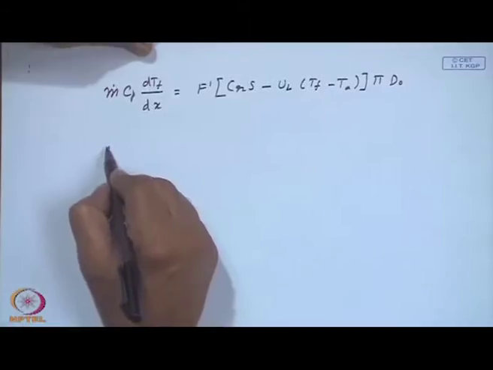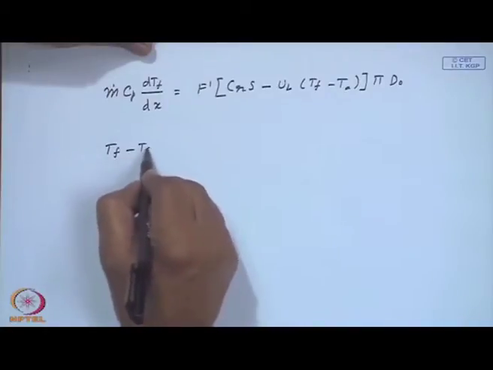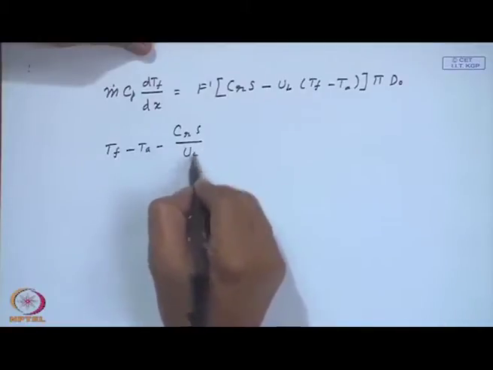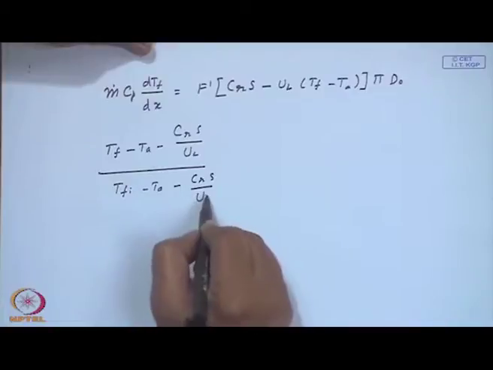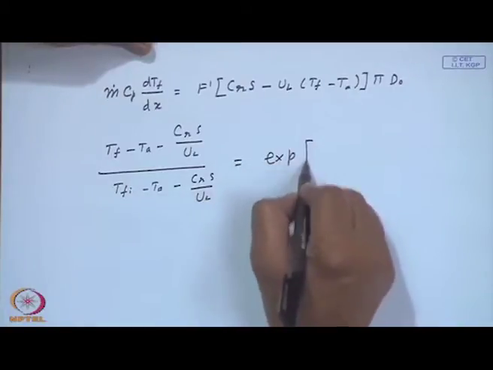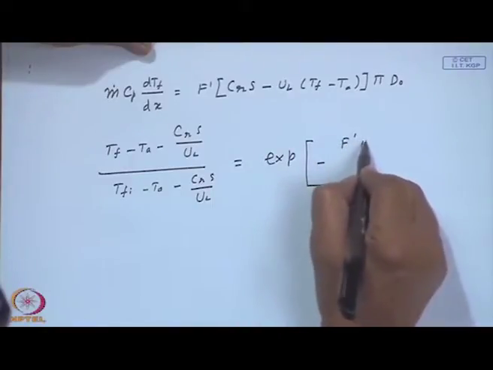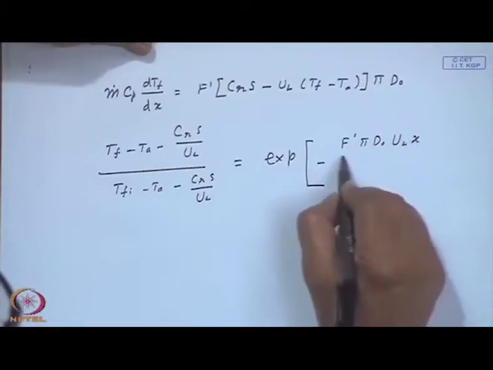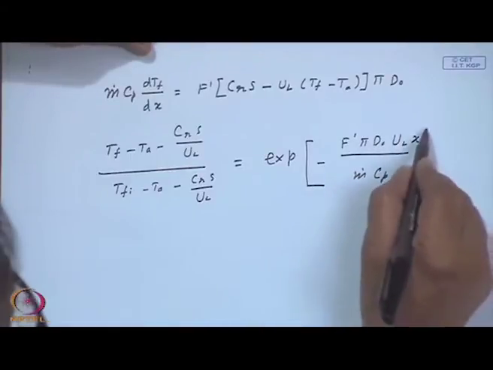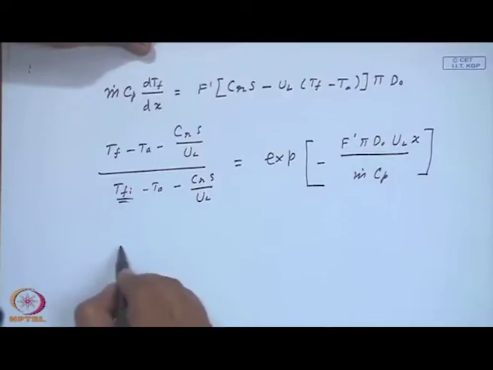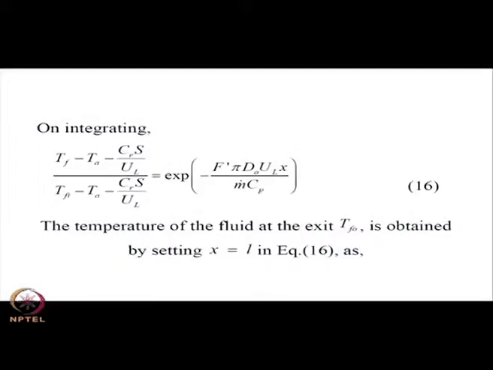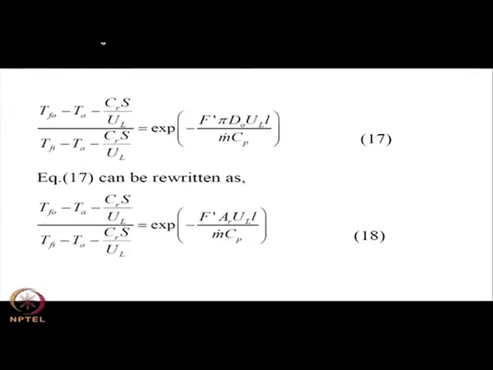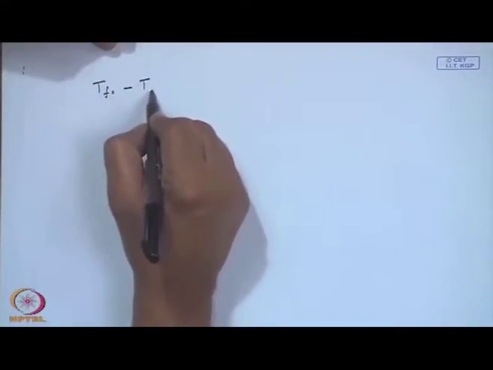So, if you integrate this equation exactly like we have done for the flat plate collectors, with the initial condition Tf equal to Tfi at x equal to 0, you can get the exit temperature Tfo by setting x equal to L.